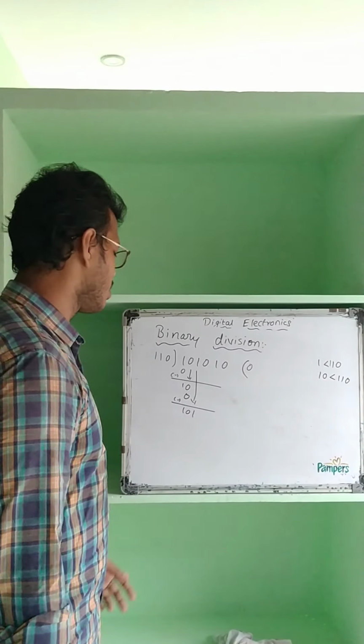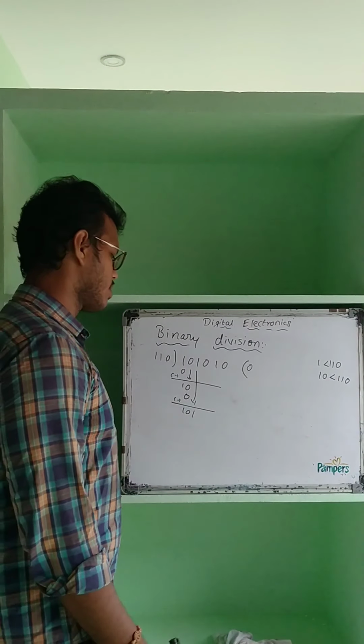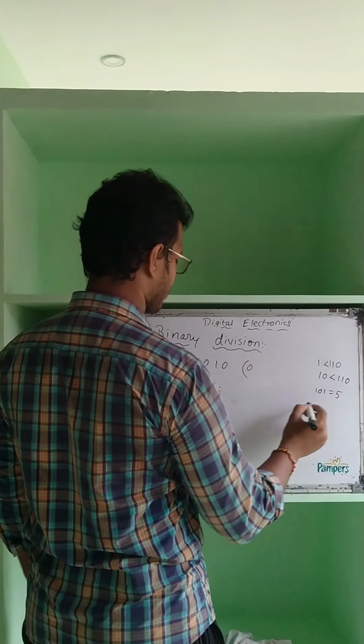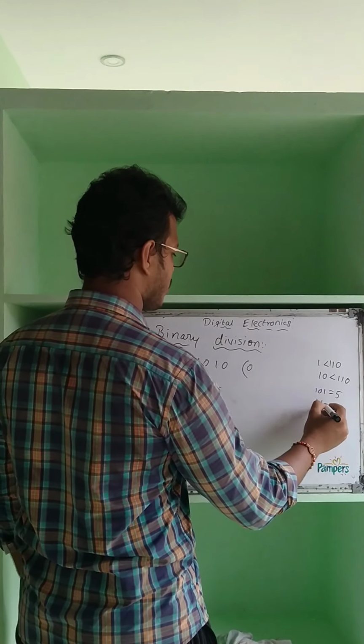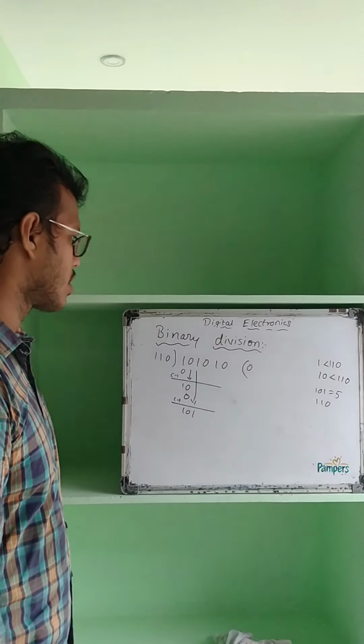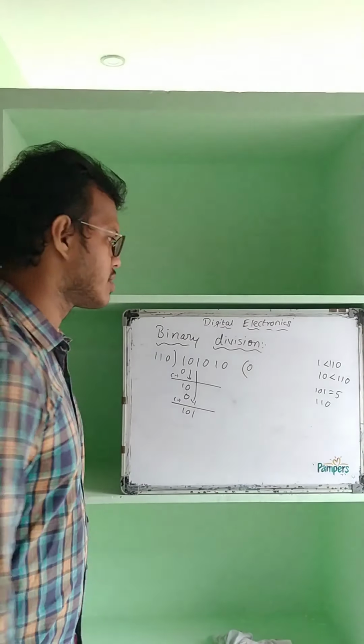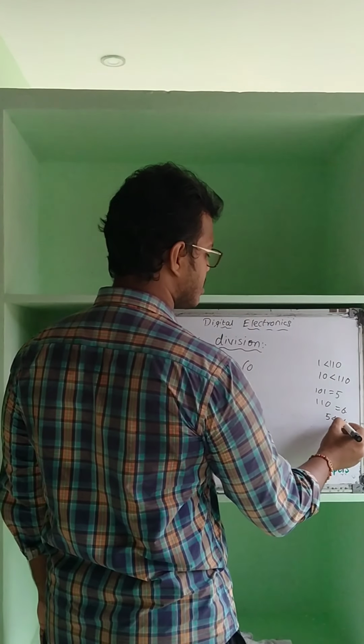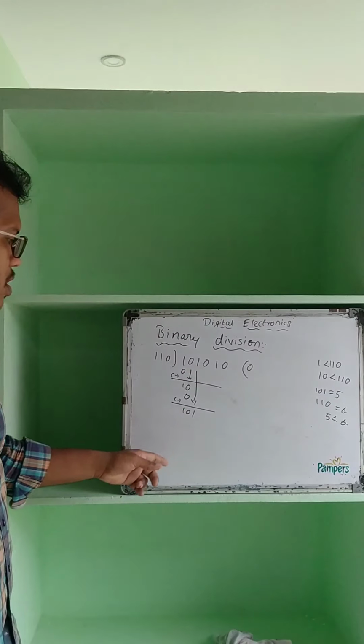If you see, 101 means 5. 110 means 2 squared plus 2, which is 6. So 5 is less than 6. So again it's not possible.